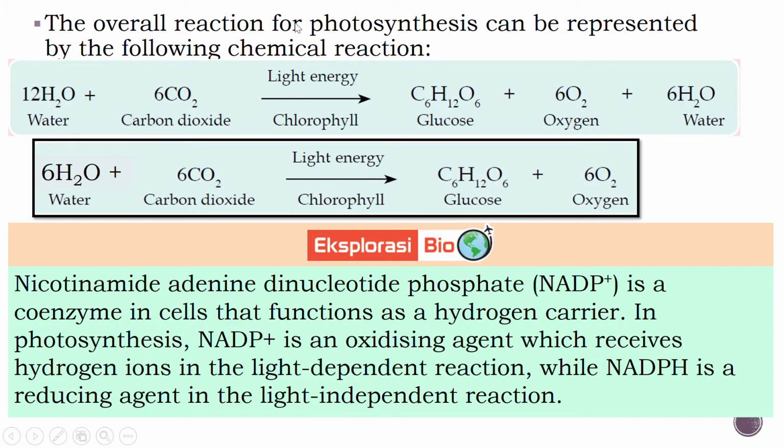So overall reaction for photosynthesis can be represented by the following chemical reaction. In your textbook, this is written. So water is needed to react with carbon dioxide in the presence of light energy absorbed by the chlorophyll.